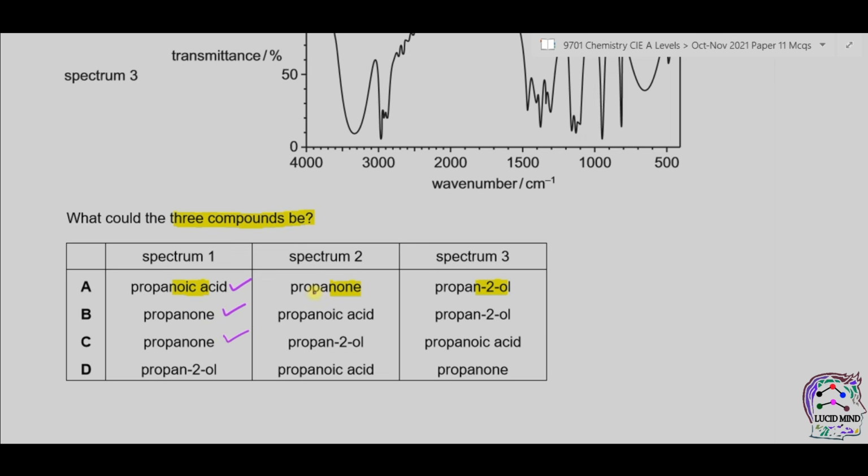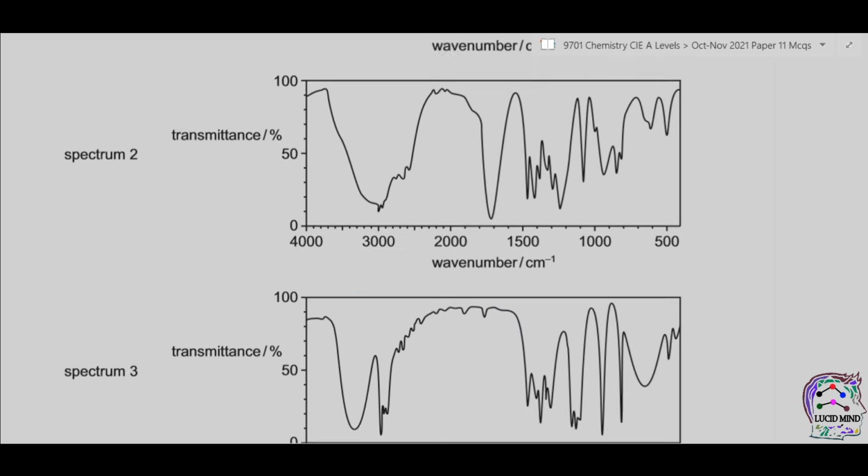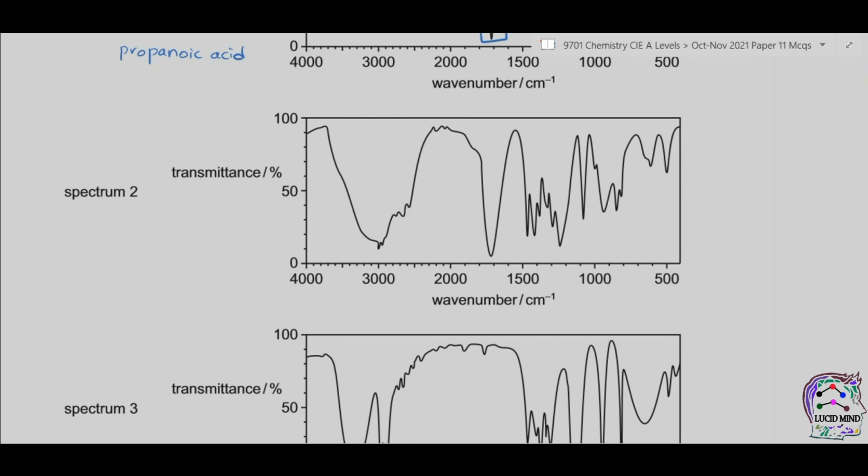Now in spectrum 2, it should be either propanone, propanoic acid, or propan-2-ol. Let's see which one is present. Again, in spectrum 2, we can see carbonyl peak is present. Also, OH peak is also present.